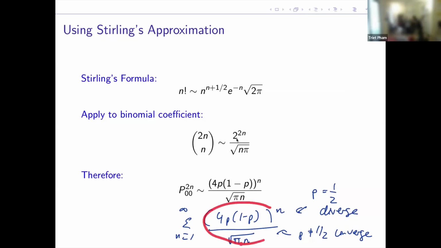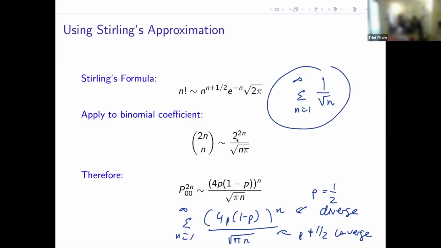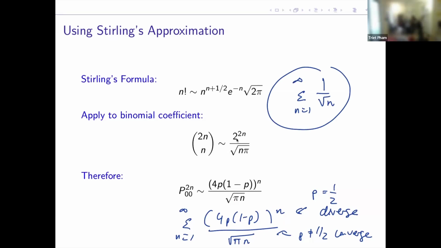Let's see. If p equals 1/2, then this reduces to, forget the root pi, 1 over root n. Correct? What is this series called? This is called the p series, with p equal to 1/2, because it's n to the 1/2.